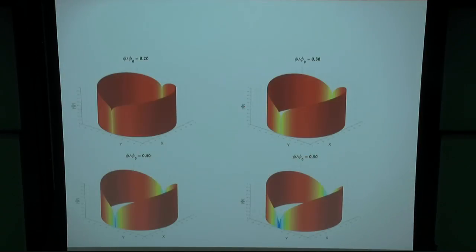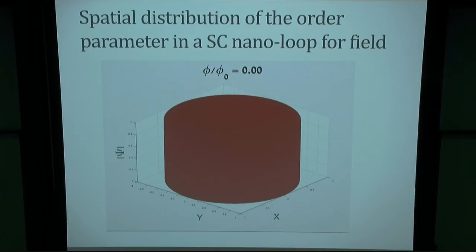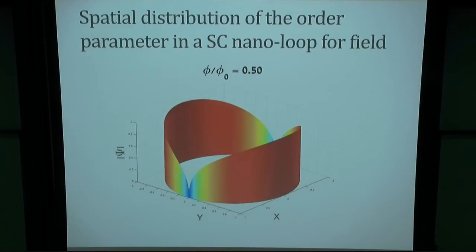Okay, so let's see the movie, this video. So what you see here at exactly half of phi over phi naught, you would see at those points, you remember, this is the strong point, you have another strong point here. So at the weak points, this goes to zero, or close to zero, because of these strong points.